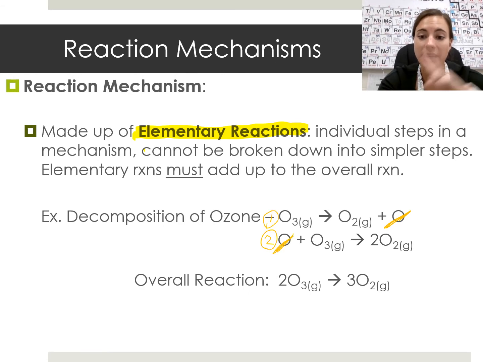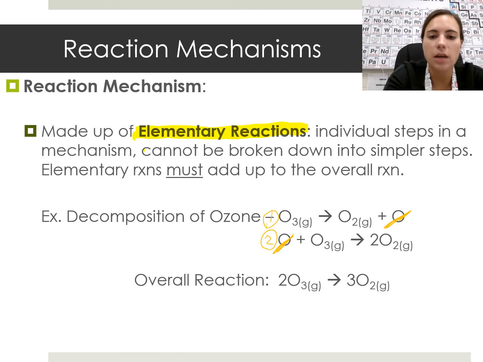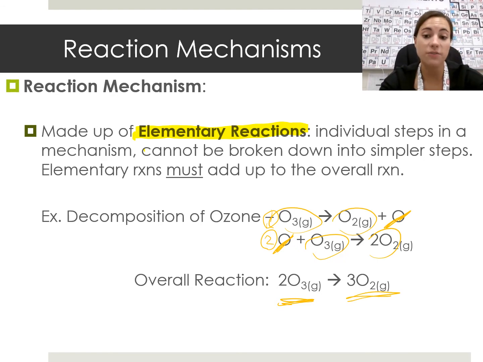If so, I can cancel it out. It doesn't show up in the overall net reaction. Then I'm left with 2 ozone molecules and 3 oxygens, which is in fact my overall reaction. So in a mechanism, my elementary steps will always add up to my net or overall reaction.